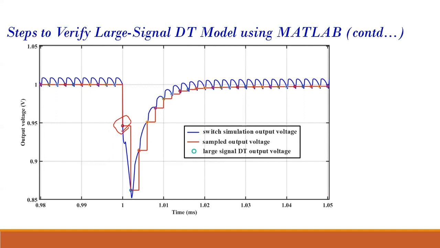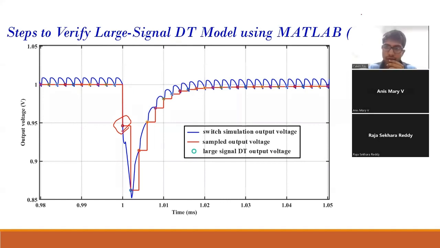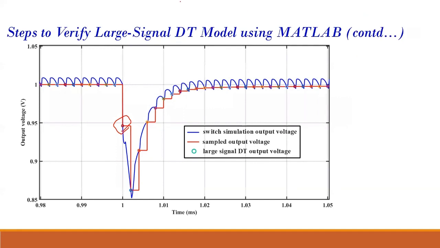So at this point where the sampling occurs, and this point again where the sampling occurs, it just captures those values and stores them. Okay, so this is the discrete-time large signal model.